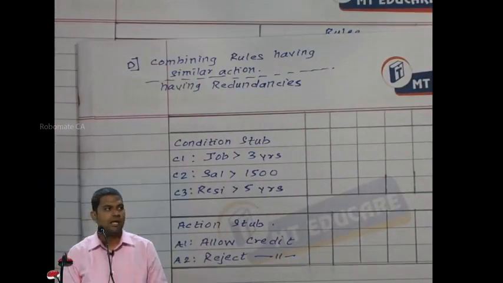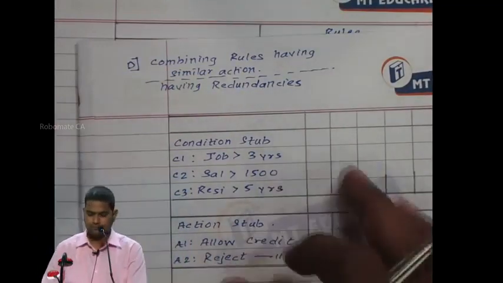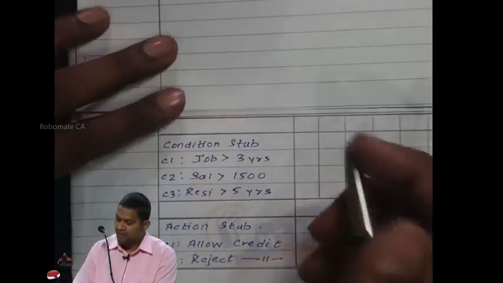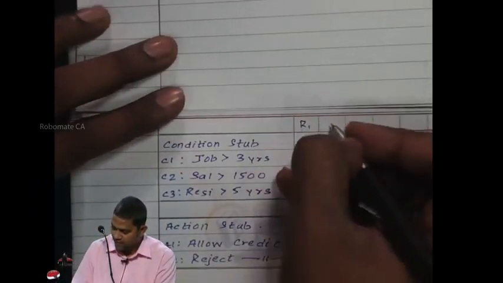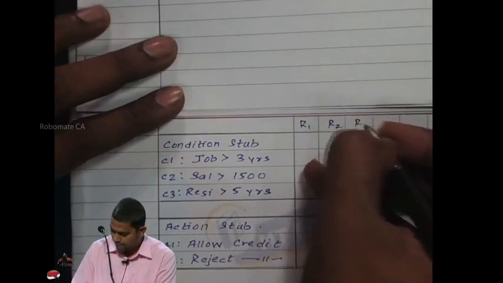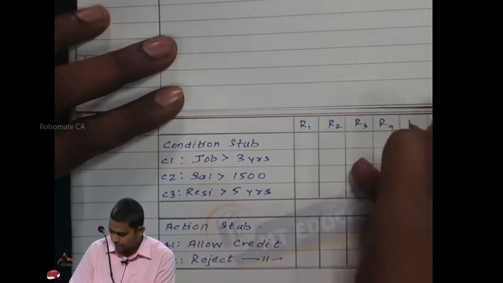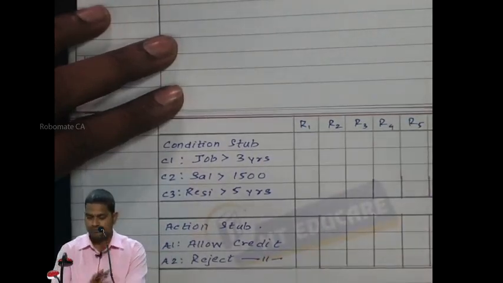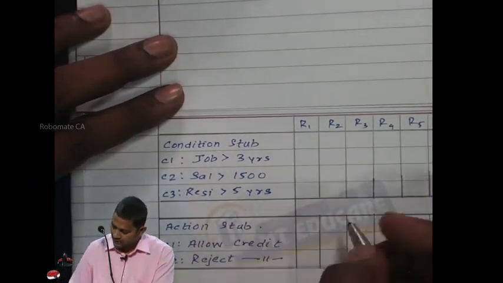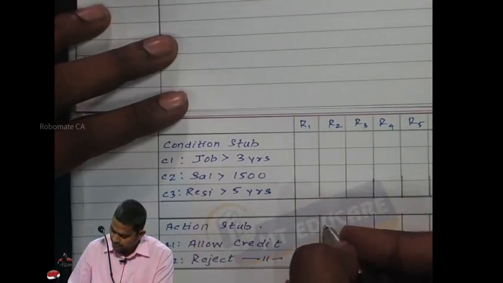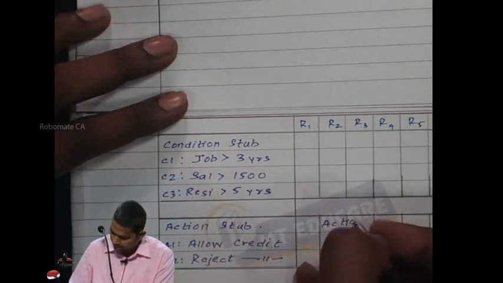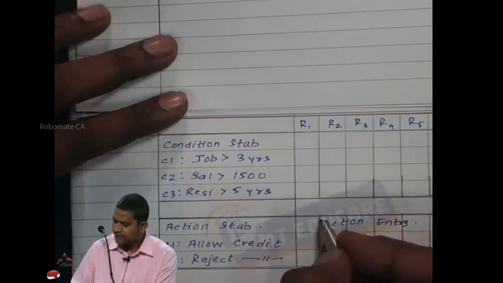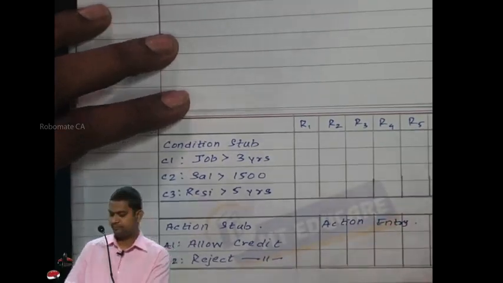Hello. Enough. Let's start. We have now 6 rules. R1, R2, right? And this is, okay, these lines are not required.